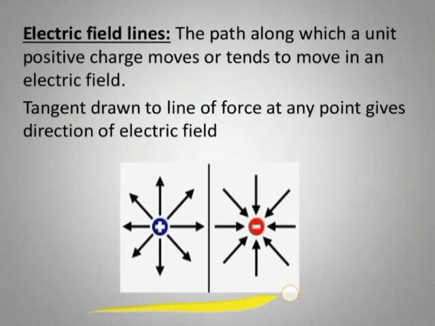It is just for our convenience we are taking few concepts into consideration. Now if I consider electric field lines, you have to know what they are. According to this, it is the path along which a unit positive charge moves or tends to move in an electric field.